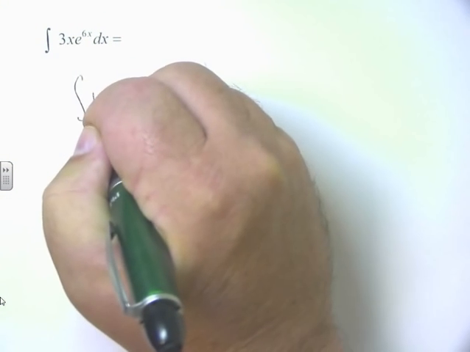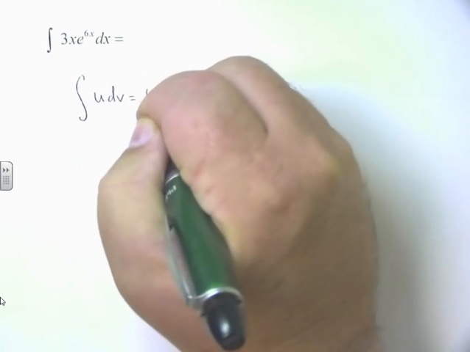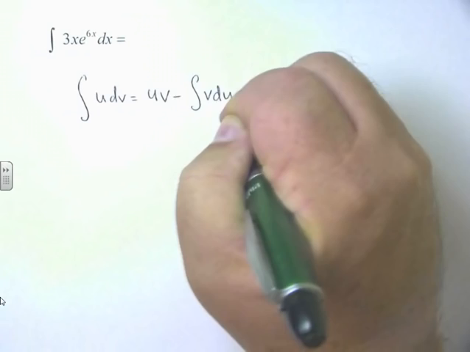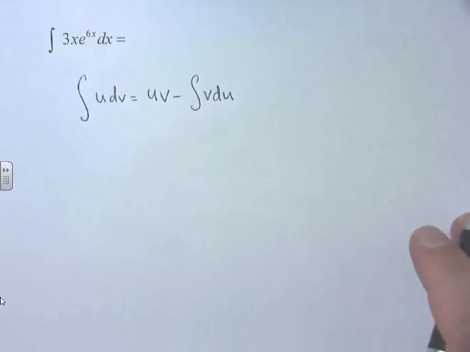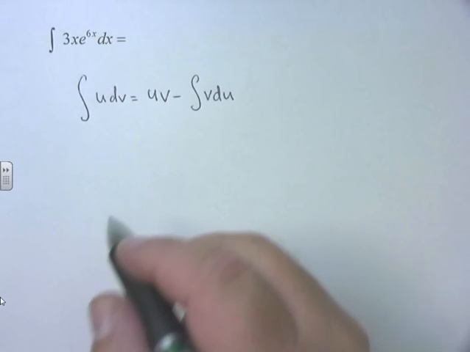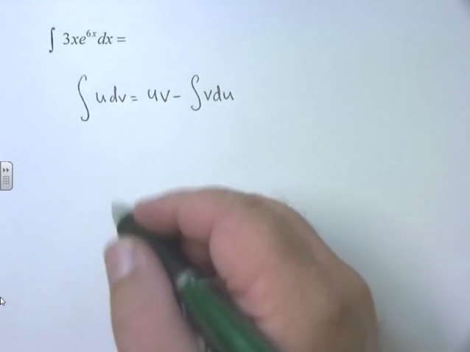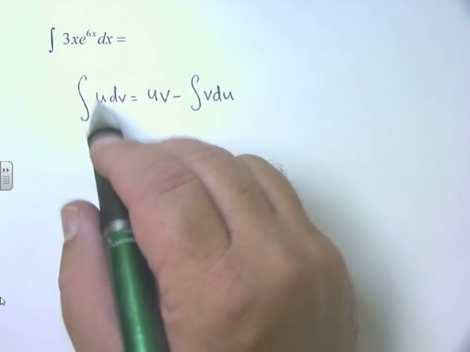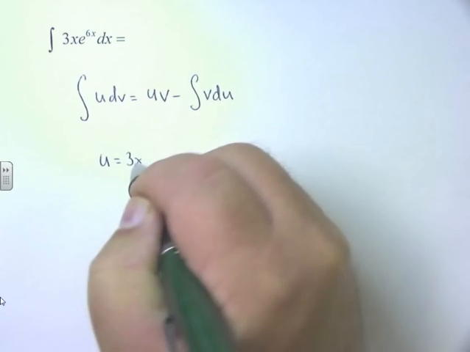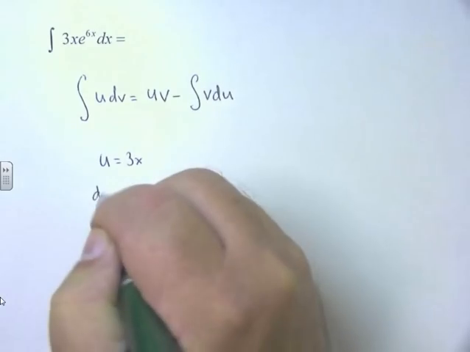The integral of u dv equals uv minus the integral of v du. And every time I decide I'm going to use integration by parts, I always write down the formula I have memorized. Here's the deal. On this particular problem, I'm going to let u equal 3x, because then I have to find du for the formula.